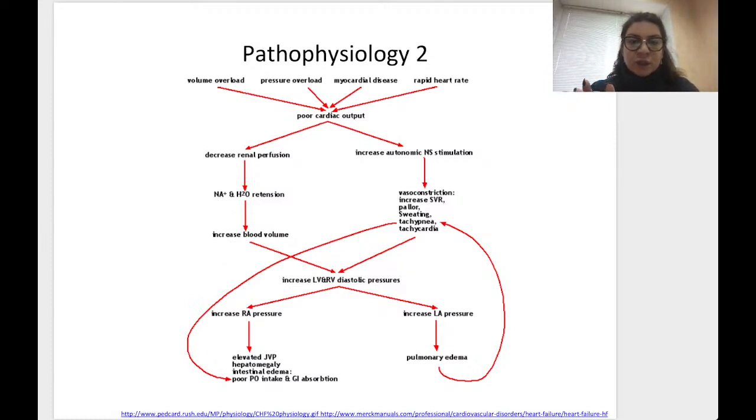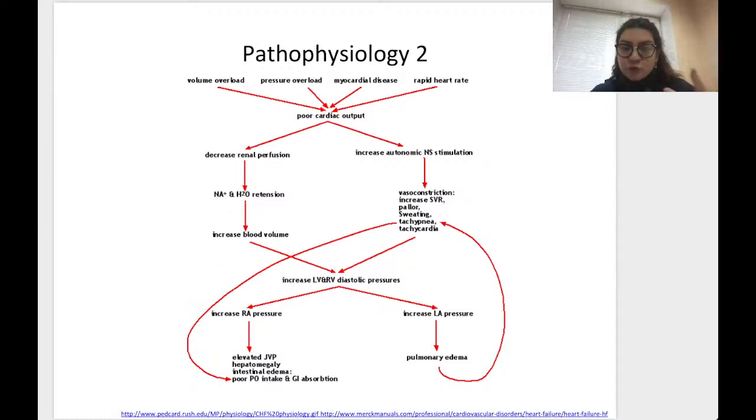Sympathetic stimulation features vasoconstriction and increased peripheral resistance. It is pallor, sweating, tachypnea, tachycardia. You know the sympathetic effects. And all of it together, the kidney mechanism with water and sodium retention and activation of the sympathetic nervous system, leads to increasing left ventricle and right ventricle diastolic pressures.